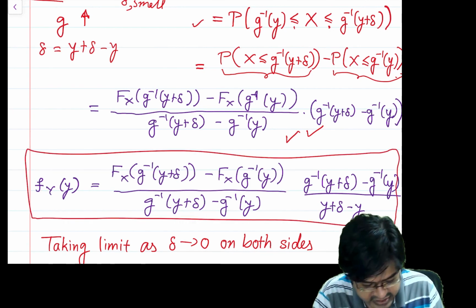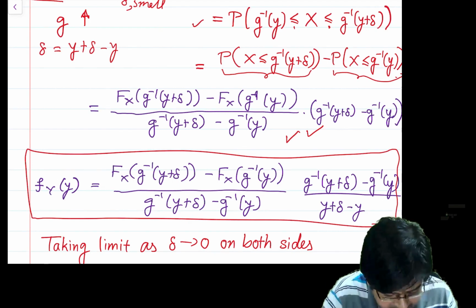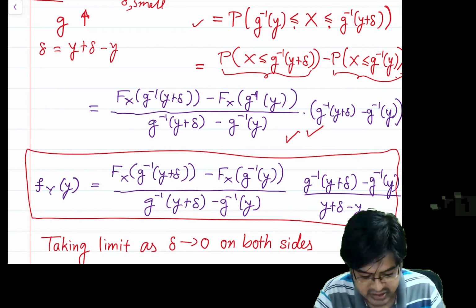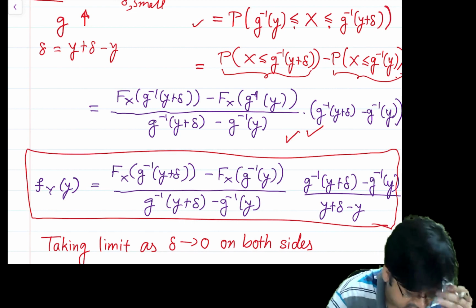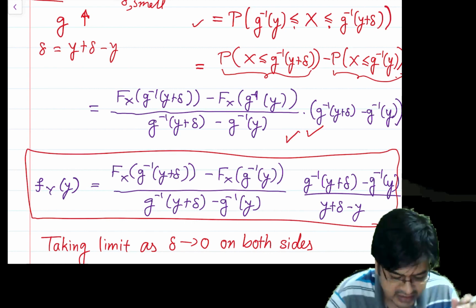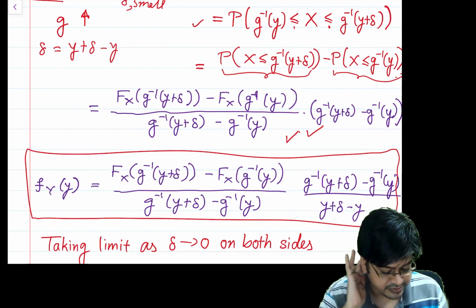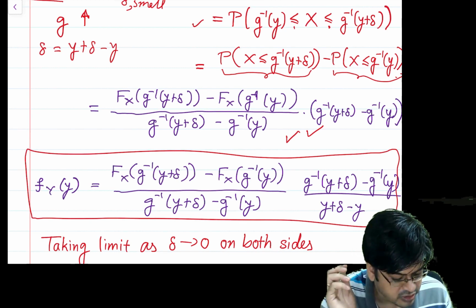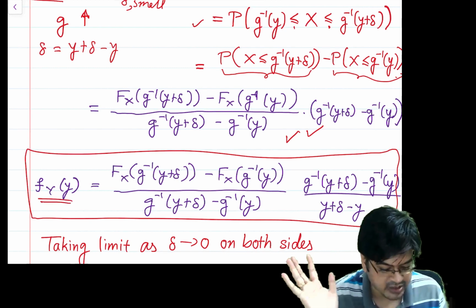Now the left hand side is becoming independent of delta and the right hand side has all the terms in relation to delta. So you take the limit as delta tends to 0. The left hand side will be unperturbed.